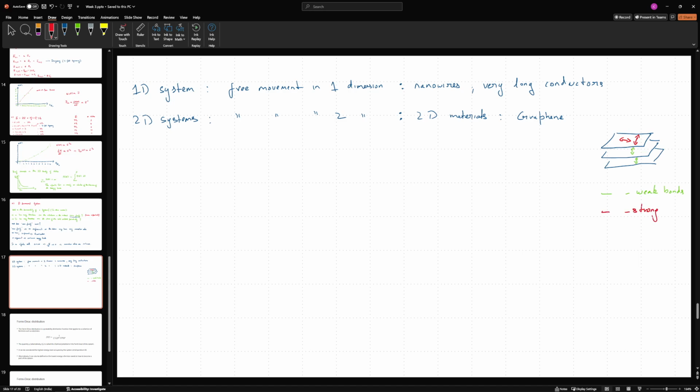So what do I mean by strong and weak bonds? Essentially, the interatomic attraction is significantly stronger in the xy plane. Since the interatomic bonds are significantly stronger, the electrons can hop from one atom to another very easily. You can think of the bonds as bridges connecting the atoms. Not an accurate picture, but for conceptual purposes, it works. Those connections are very weak in the z direction.